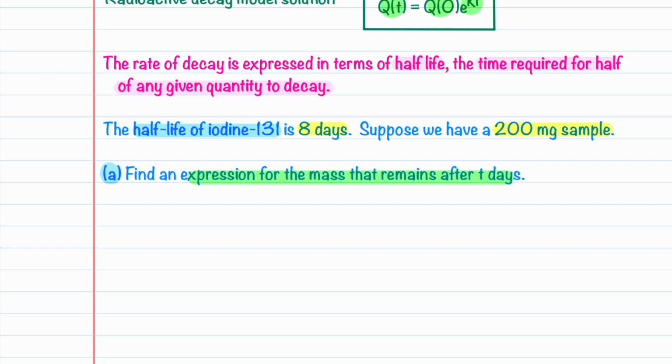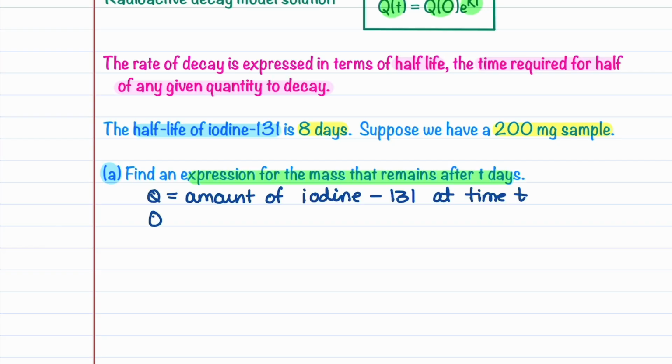We'll start by letting Q be the amount of iodine-131 at time t. We're told that we start with a 200 milligram sample, so we can say that Q0 is equal to 200 milligrams.